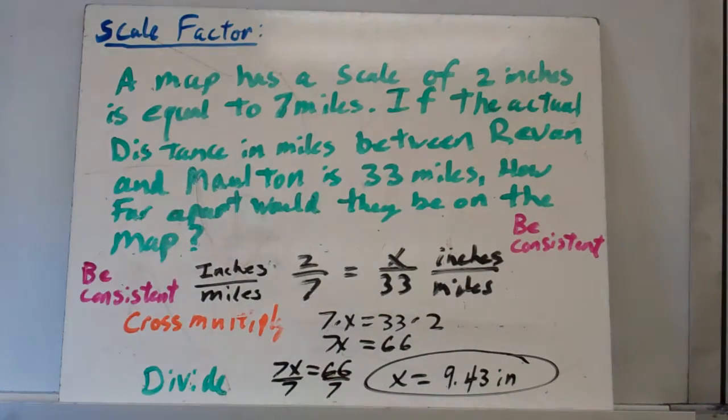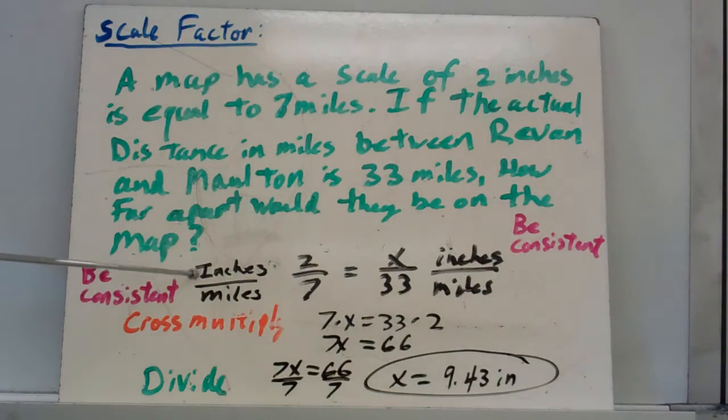So in this case we have a map, and the map has a scale of 2 inches, which is equal to 7 miles. If the actual distance between Revin and Malton is 33 miles, how far apart would those two towns be on the map? So again, we need to be consistent.